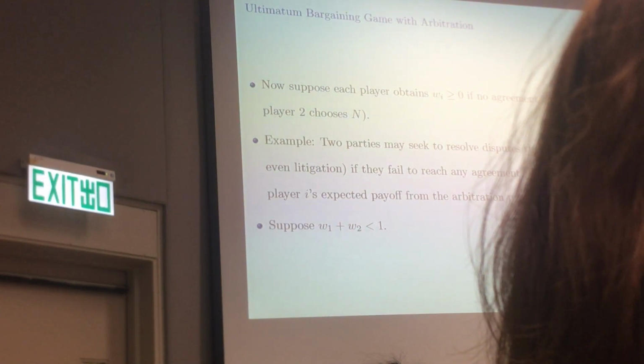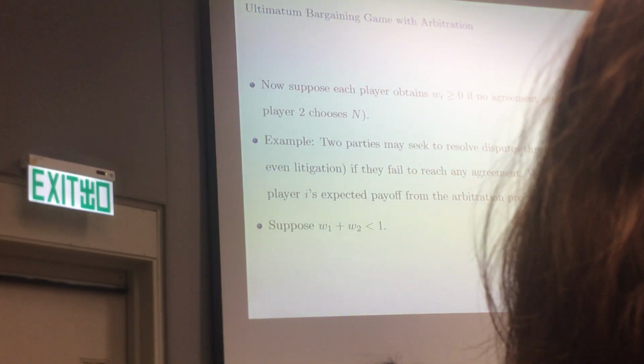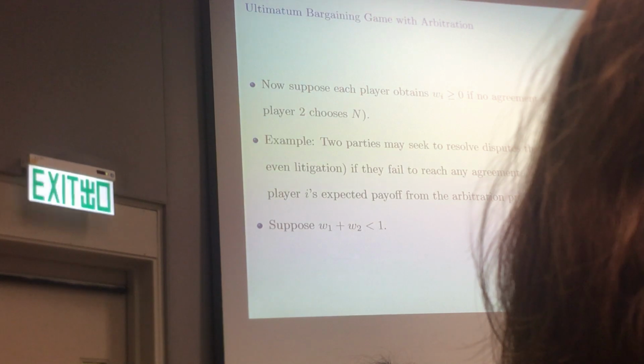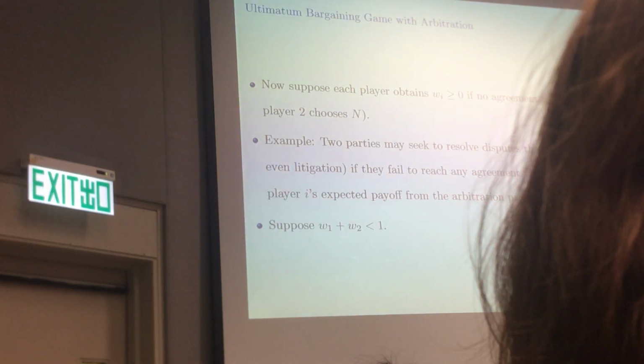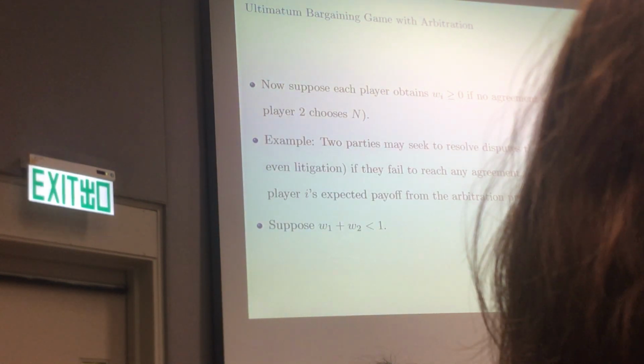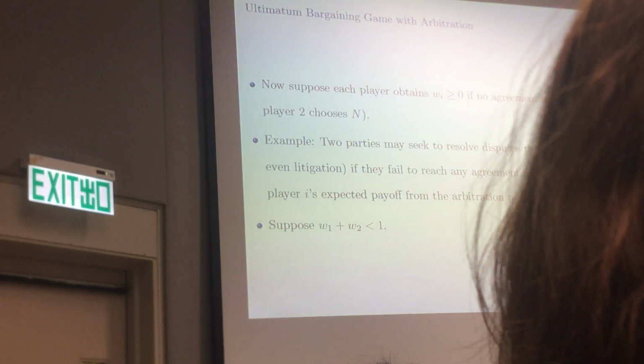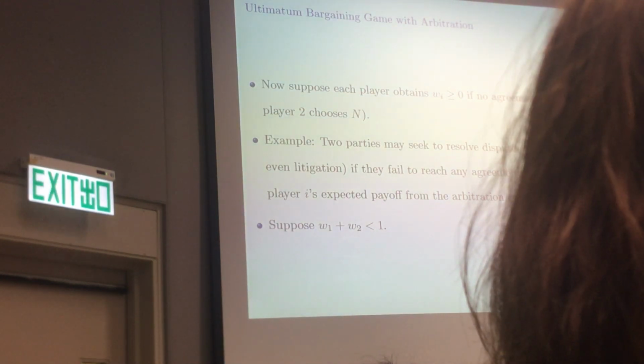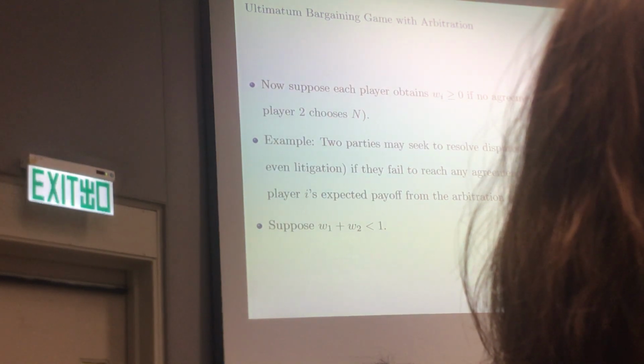And if they fail to reach any agreement, then they can go to, for example, court and let the court decide who gets what. So there is some arbitration process by the court if they fail to reach any agreement.